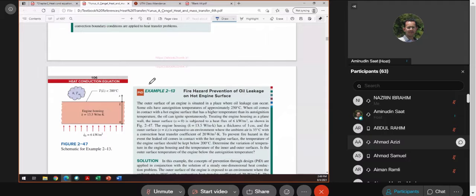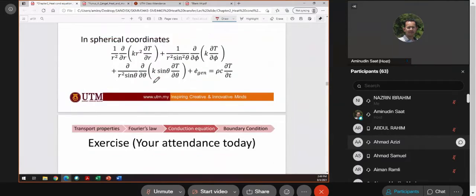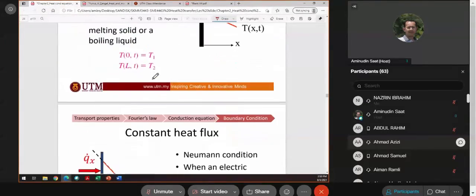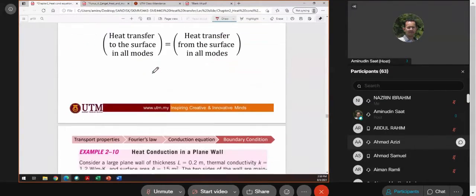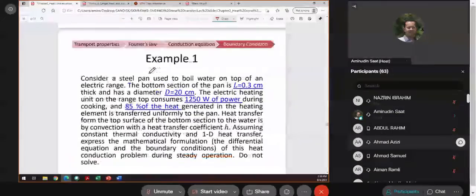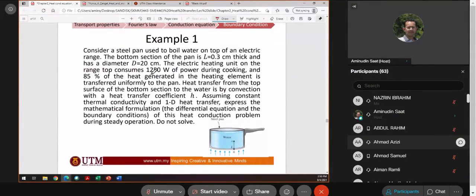Okay, I want to give an example that is related to an exercise in the textbook. In fact, I put it as an assignment, but don't take it as an assignment first because I have not decided on your assignment yet.